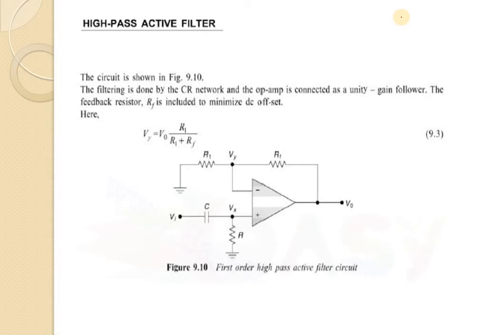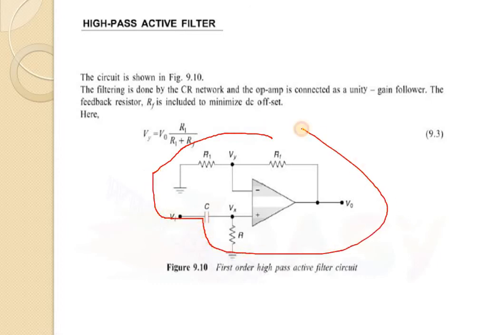So here Vy equals V0 into R1 divided by R1 plus Rf. The op-amp is connected with resistors R1 and Rf, and this is the capacitor and resistor connection. This is the design of an active high pass filter of first order.